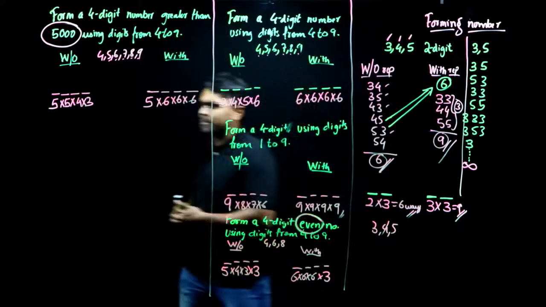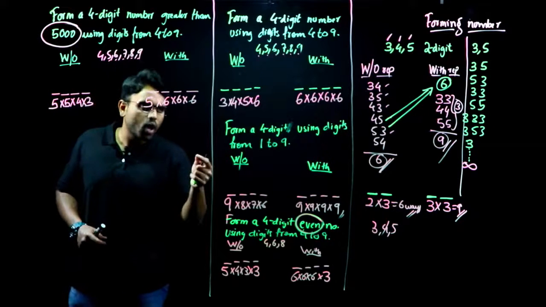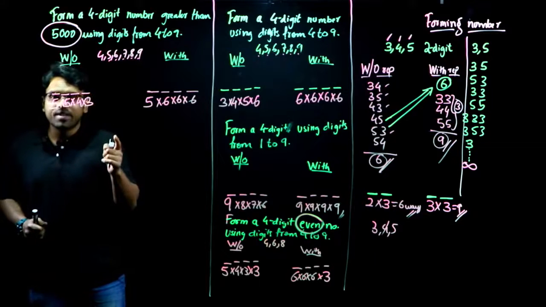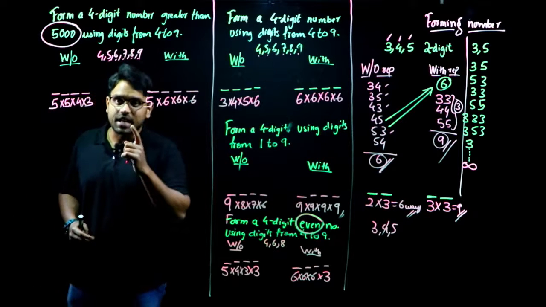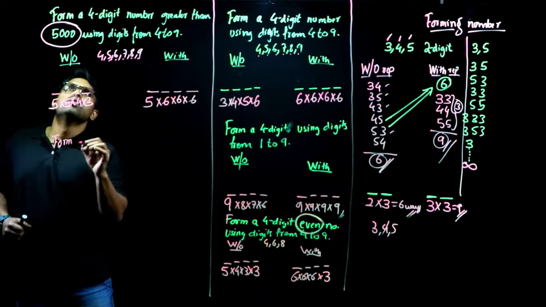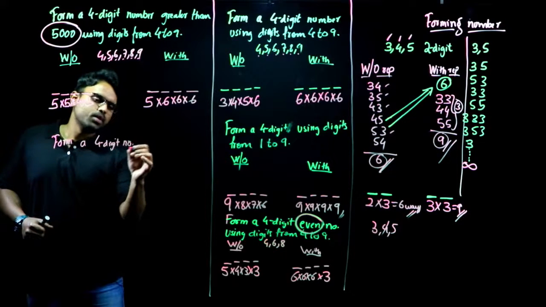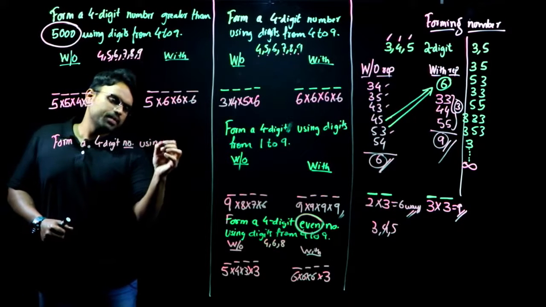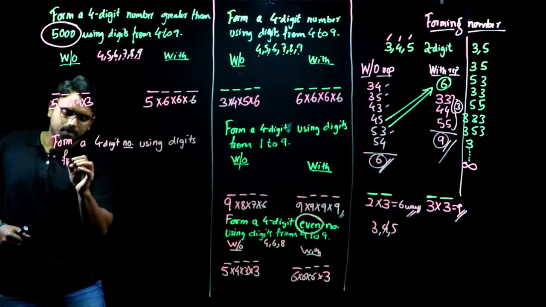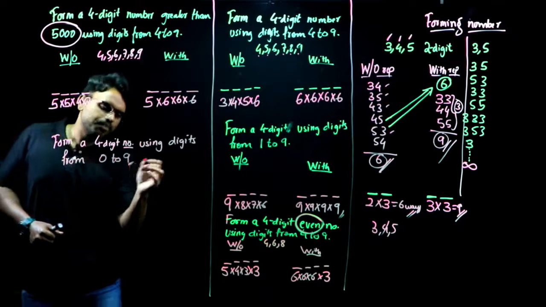Yes? Now, there is a question for you and a brief time to solve it and then to copy it as well. So have a look at the question and try to answer it. Everyone, okay? Form a 4-digit number using digits from 0 to 9.